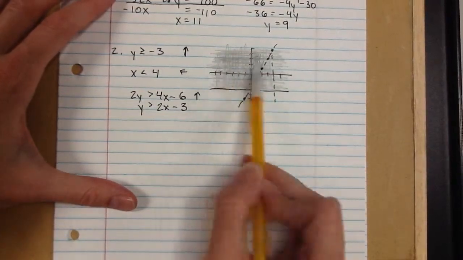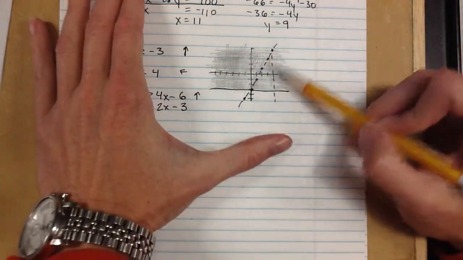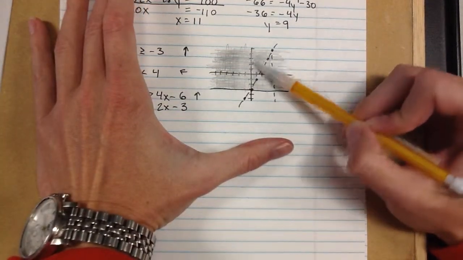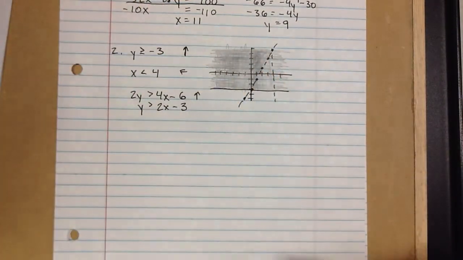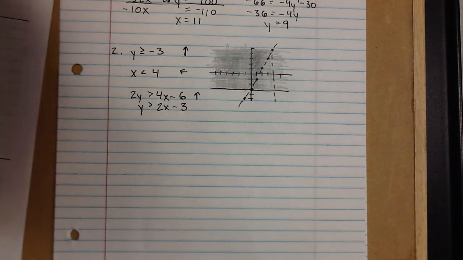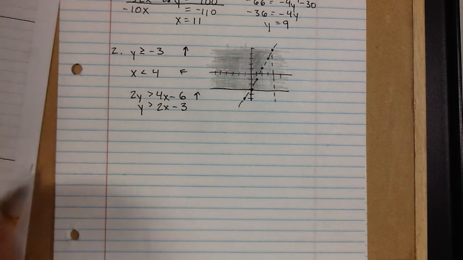So the area where we have shaded 3 times is the solution to that system of inequalities. Now, I don't think I showed you this, but I'm actually going to show you what happens with that triple shaded region. Okay, so I say that it has to make all 3 things true, right?